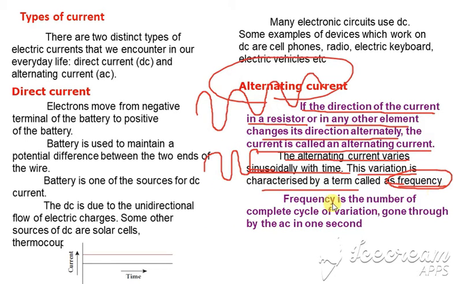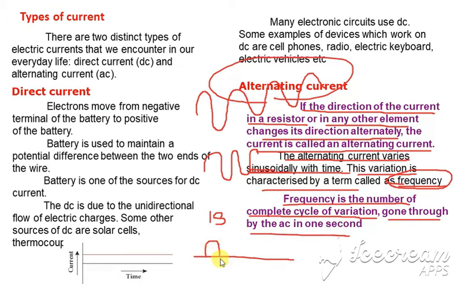Frequency is the number of complete cycles of variation gone through by the AC in 1 second. For 1 second, how many cycles are gone through? This is considered to be one cycle.